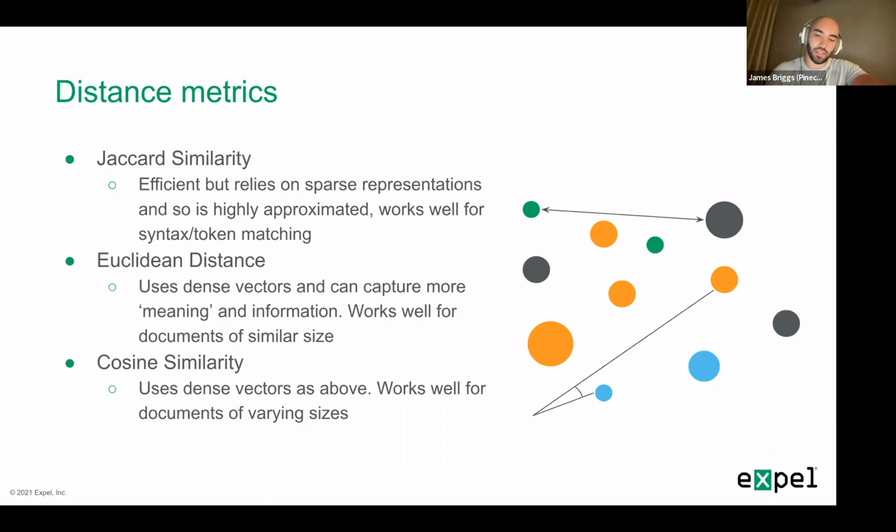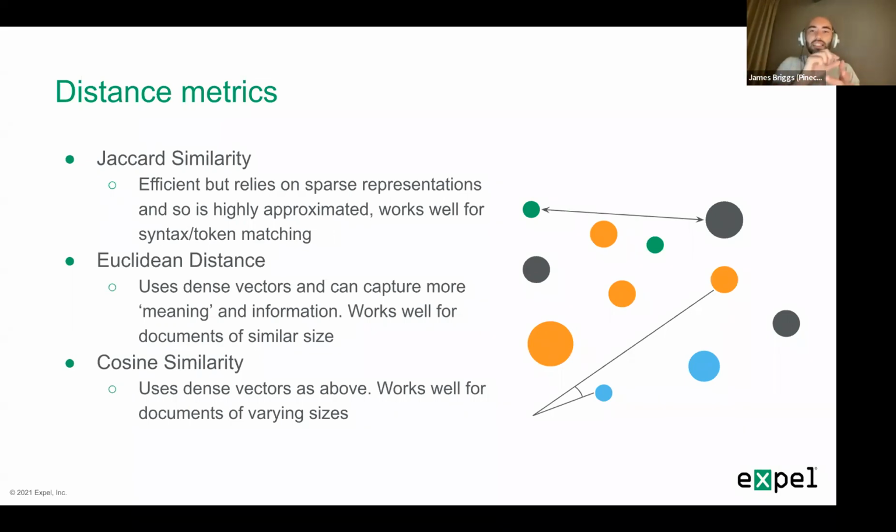So what we can do is use the vectors that we created before. Those vectors, we can't really compare using Jaccard similarity, and instead we use something like Euclidean distance or cosine similarity. On the right, you can see the top 2 points. They have a line going between them, and that is the Euclidean distance.